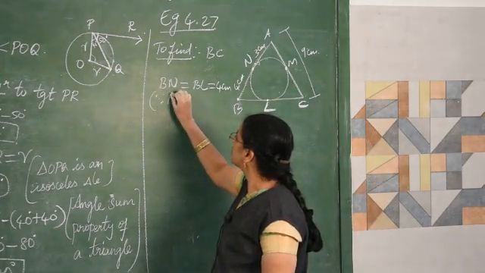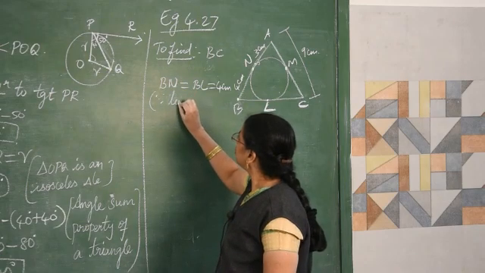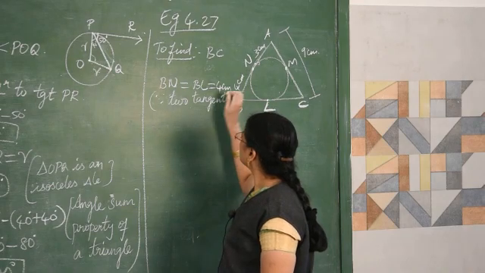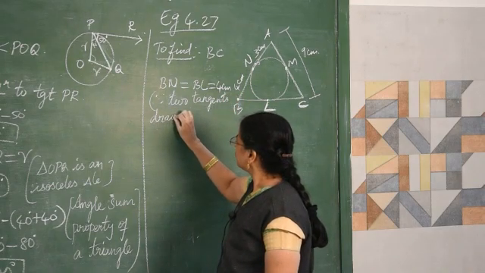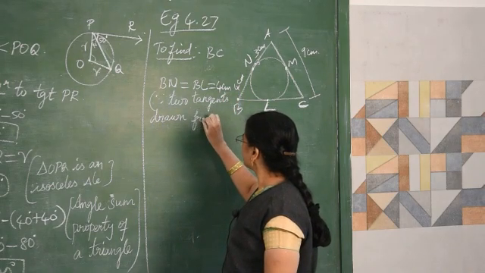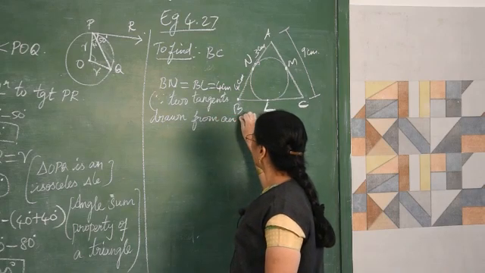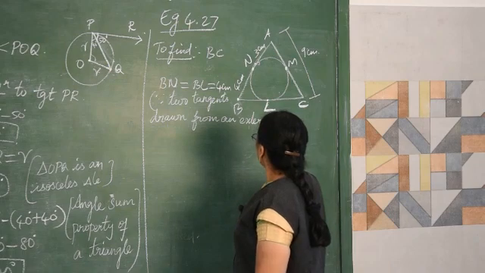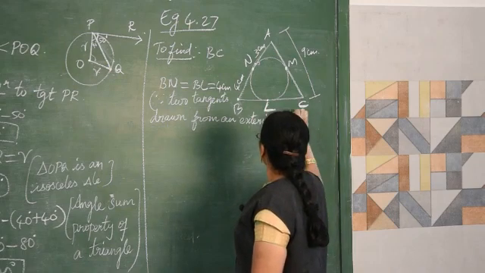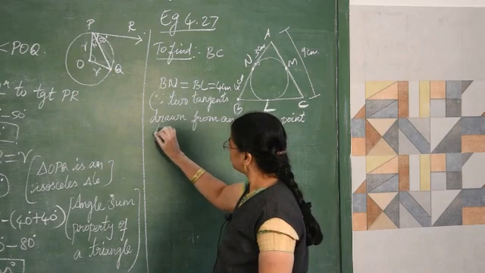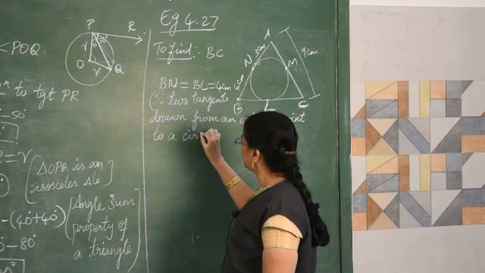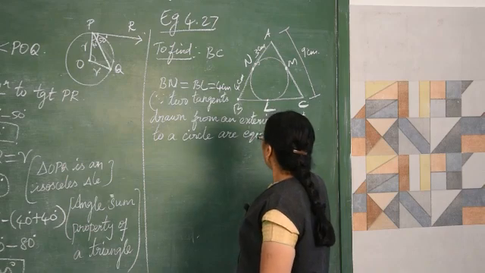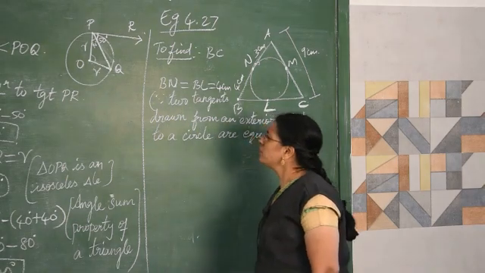Since two tangents drawn from an exterior point to a circle are equal. And the same fact only we are going to use.